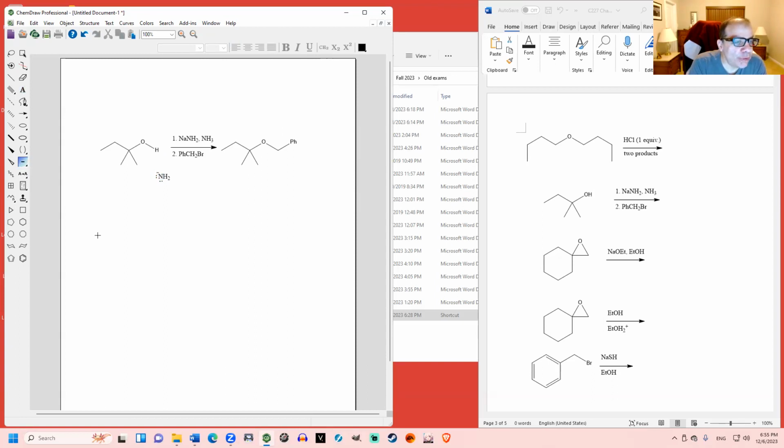So that's NaNH2. Remember, in the mechanism, we don't even show the sodium. And this will pull the proton off the alcohol. This is all in chapter 18, by the way.